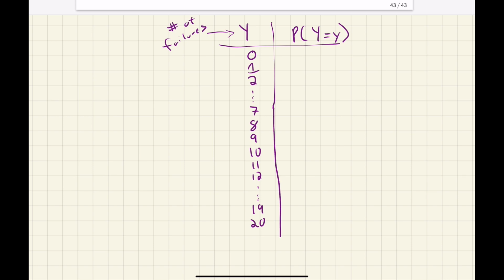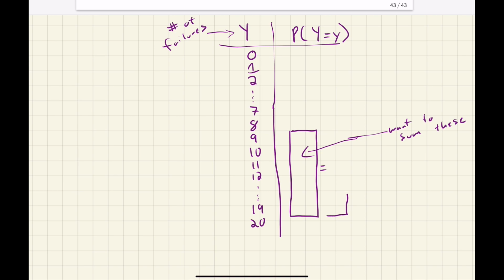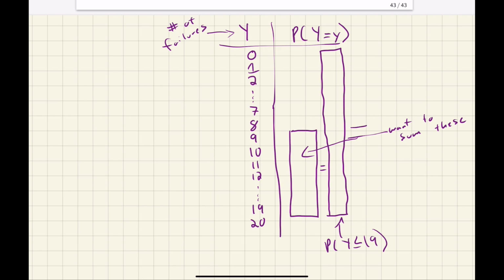So the answer to the question was, what's the probability of seeing all the values between 9 and 19? We want to sum these. The sum of those is going to be equal to, from 19 all the way down, what doing that pgeom the first time does, finding the probability that Y is less than or equal to 19. And then we have too much. How much too much do we have? You'll notice that 8 is the number that we want to subtract.